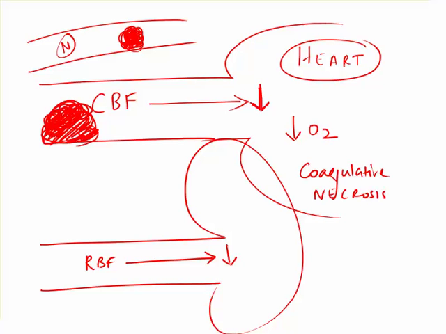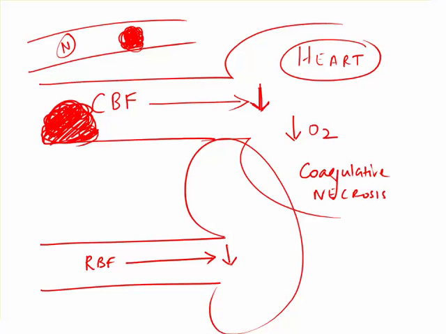If somebody asks you to define infarction, no need to memorize. If there is occlusion in any part of the blood vessel, whether vein or artery, that produces ischemia, hypoxia, and coagulative necrosis, it is called infarction. If it happens in the heart, it is called myocardial infarction.